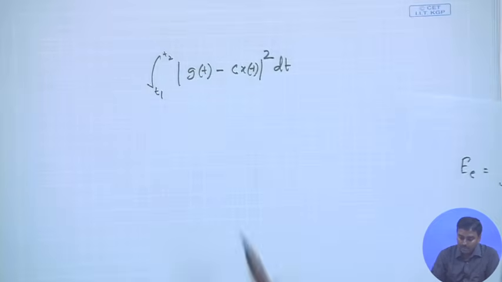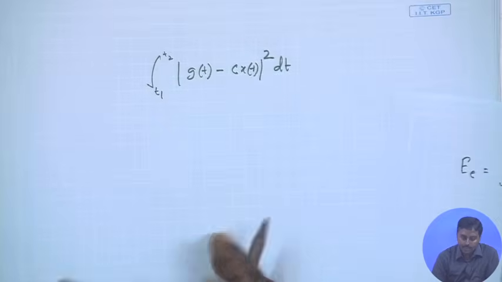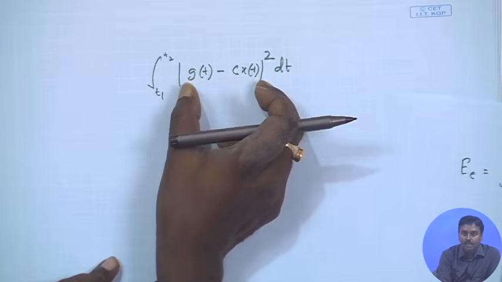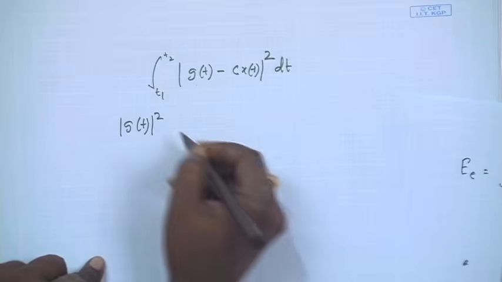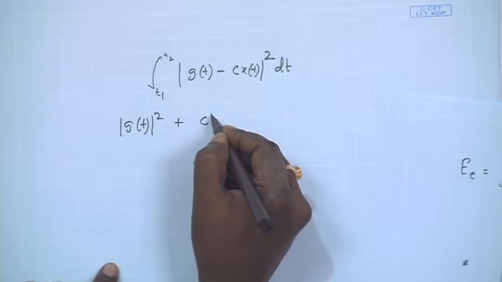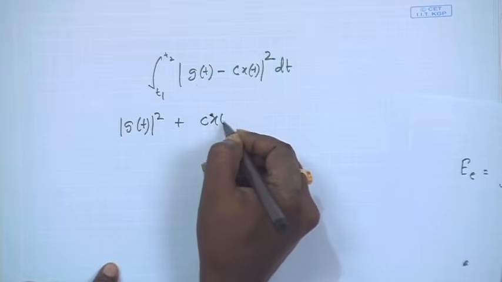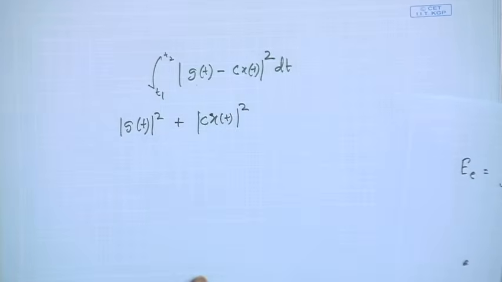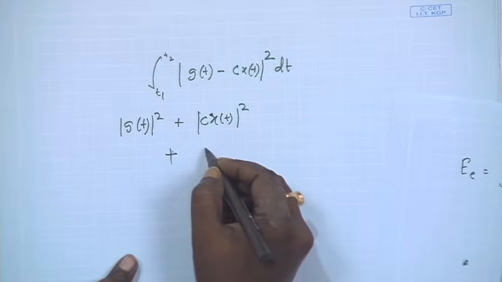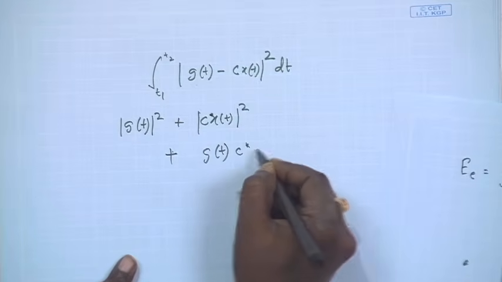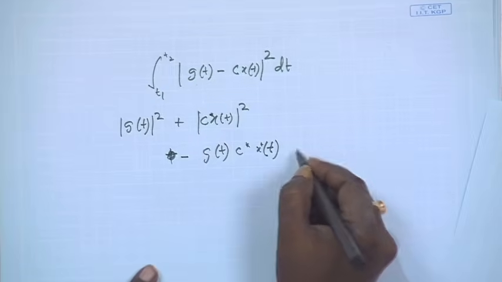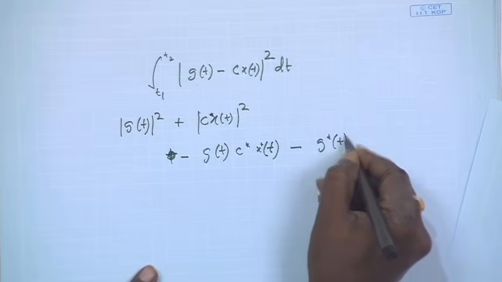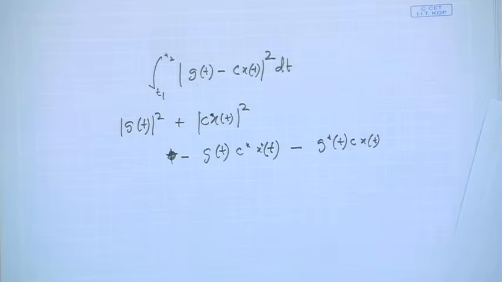So, if we start evaluating it, this square we can actually evaluate with respect to |u - v|². So, this will be |g(t)|² and then plus |c x(t)|², these two things will be coming, and then g(t) c* x*(t), and there should be a minus, and then minus g*(t) c x(t), right.